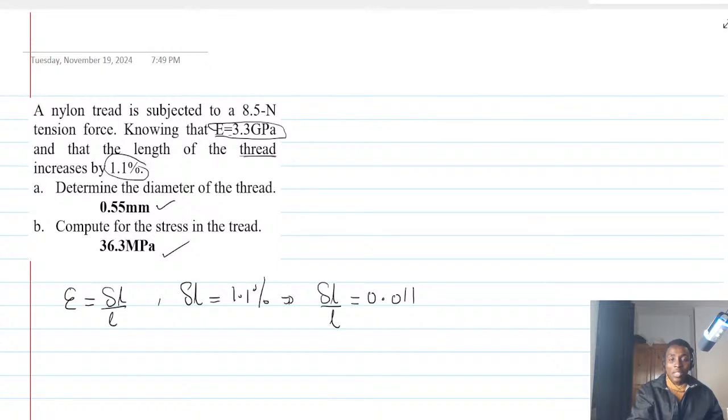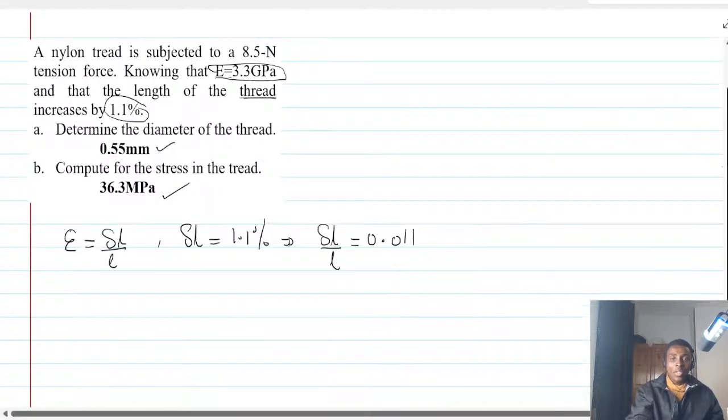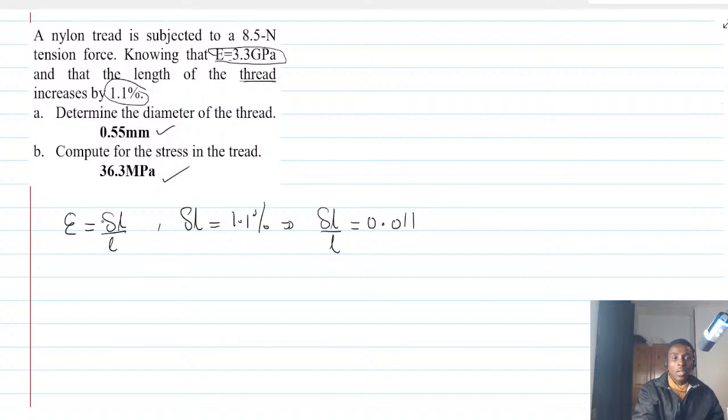So that is actually the strain. I hope it's clear. Now, having known the strain, what do we know again? So we know the force, or the load. So we know that the strain is given by what?